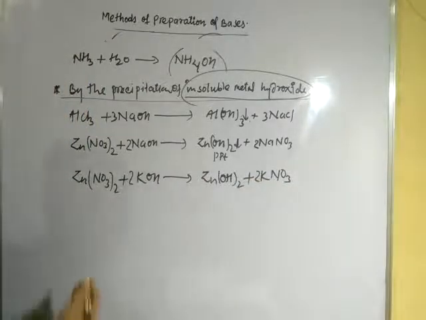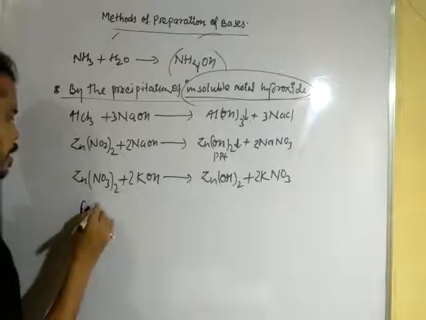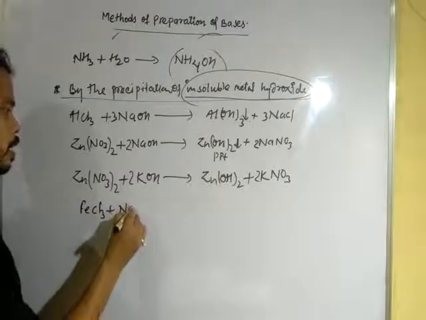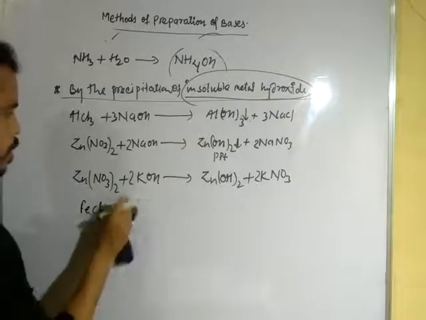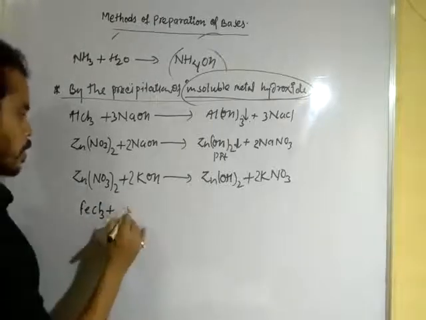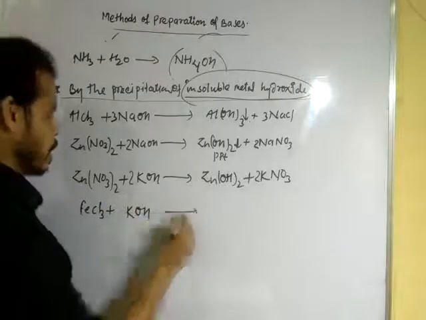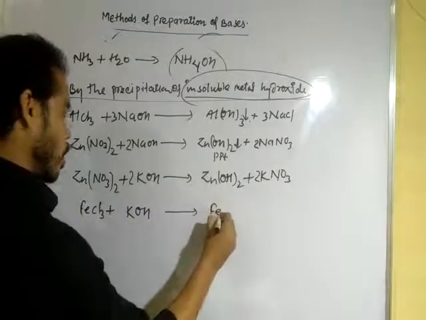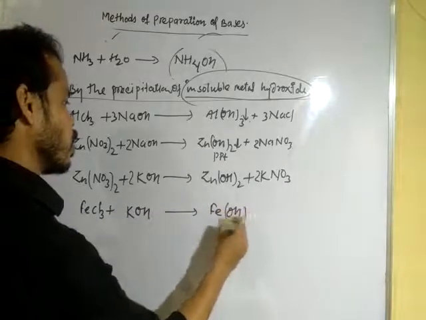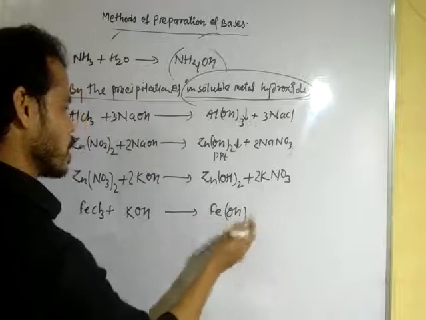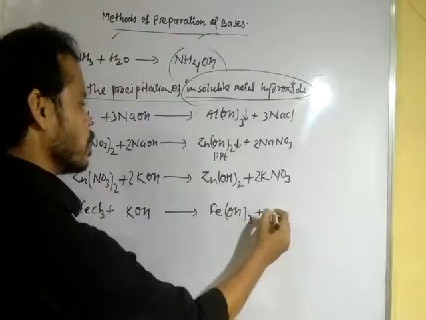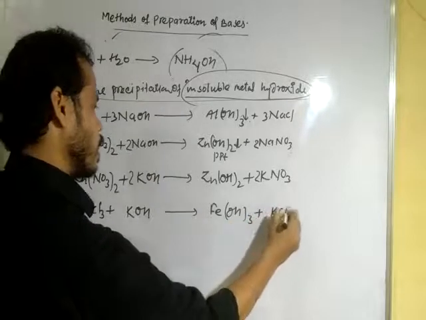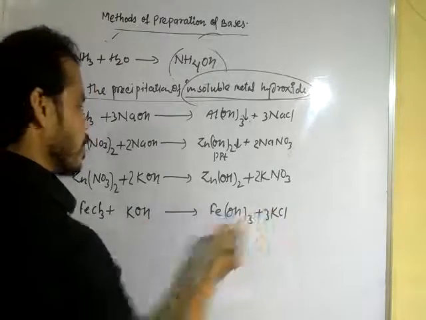When ferric chloride FeCl3 is once again treated with NaOH or KOH, potassium hydroxide, it forms Fe(OH)3 and KCl, multiplied with 2.